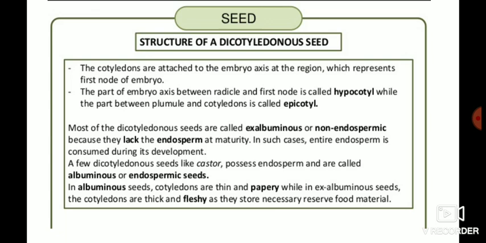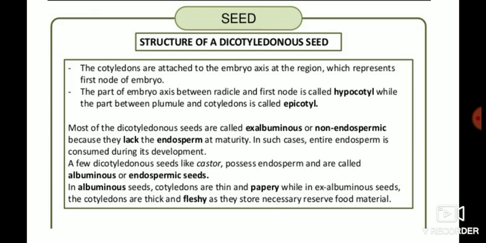Now, other minute structural details of the seeds of dicotyledons. The cotyledons are attached to the embryo axis at the region which represents the first node of the embryo, the region at which the two cotyledons emerge.